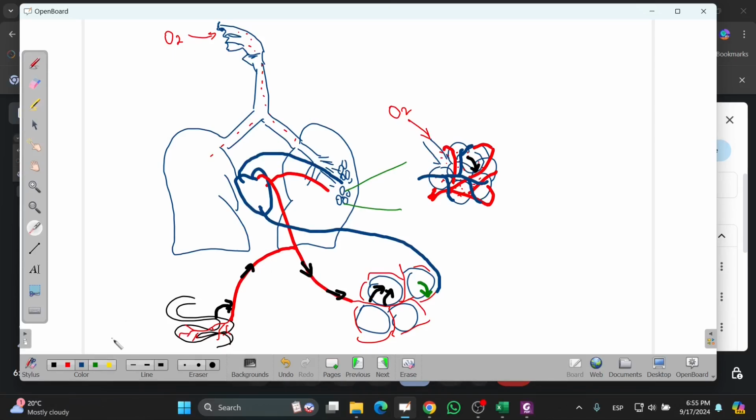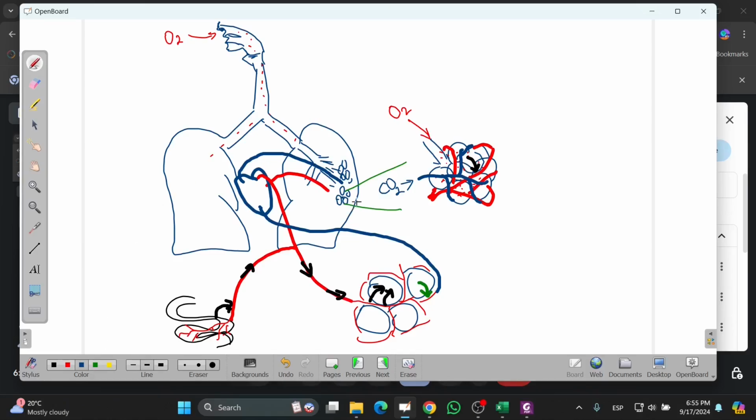And this one in blue carries CO2 from the body. From all cells in the body, CO2 goes to the lungs and diffuses out of the blood into the alveoli so that we can breathe it out.